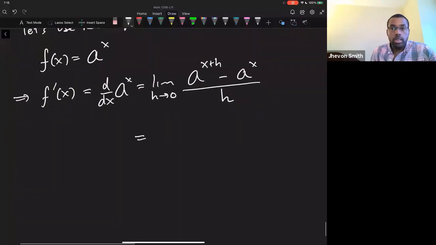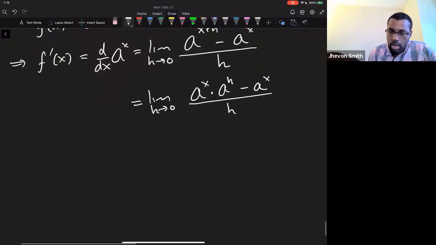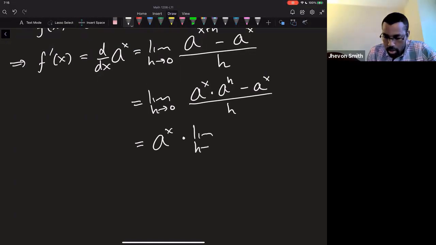We can apply the constant rule for limits. Well, let me rewrite this first before I do that. This is the same as a to the x times a to the h. I can apply the constant rules for limits and factor out the a to the x, because in the limit, h is the variable.